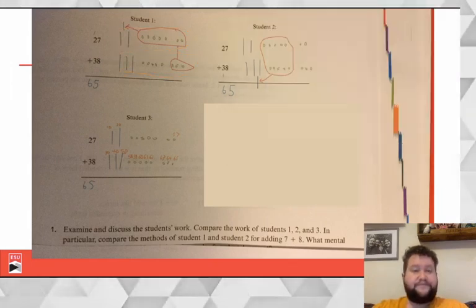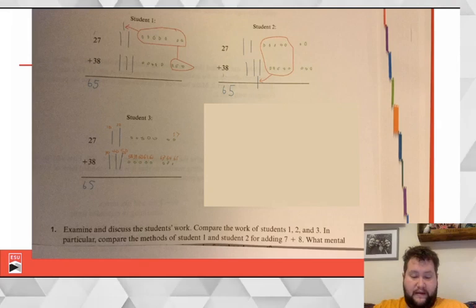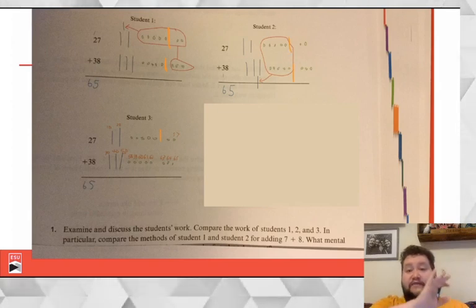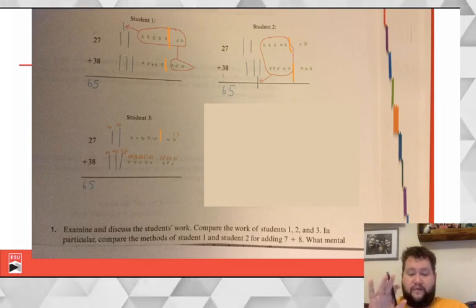And so what they do is they do the actual act of regrouping. So we have 1, 2, 3, 4, 5. Notice that they've kind of clustered it into 5 and 2 and 5 and 3. Same down here and same over here. And so you can see how that 5 frame that you may have introduced in number begins to inform student work later on.